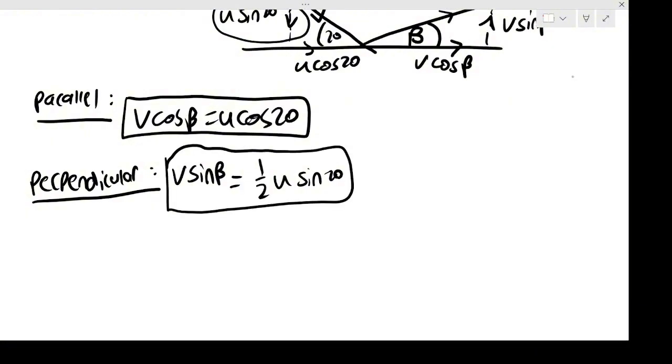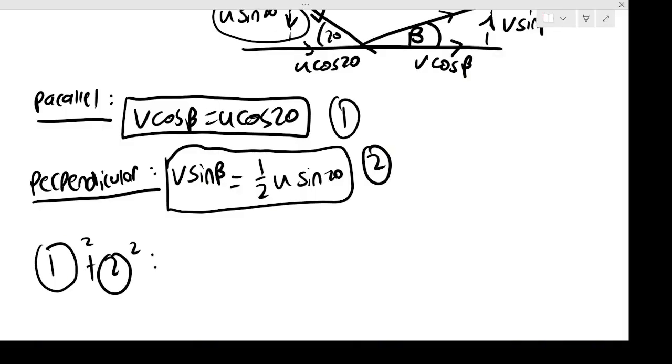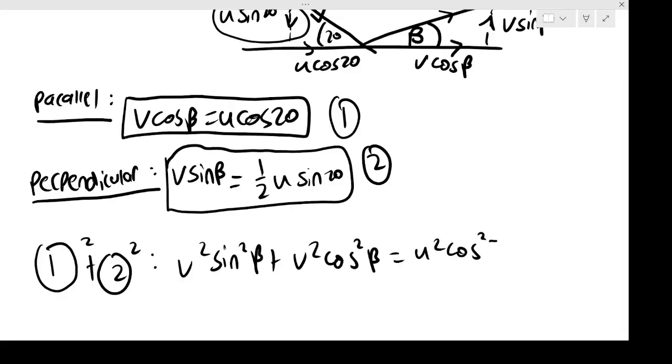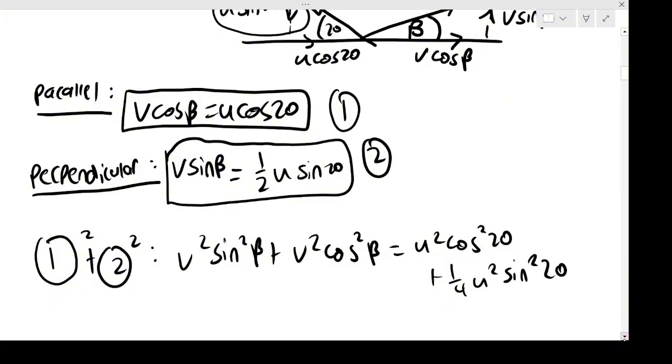Okay. Now again, you could square both sides. If I call this equation 1 and 2, I could square them both and add them, right, in the usual way. So that'll get me v squared sine squared beta, add v squared cos squared beta to be u squared cos squared 20, add a quarter u squared sine squared 20.